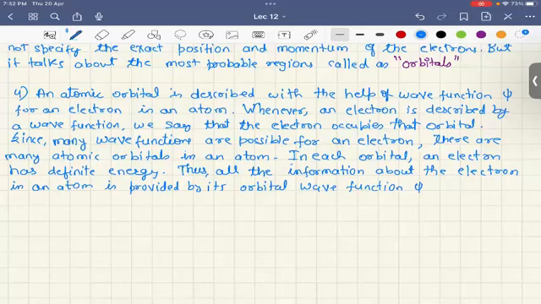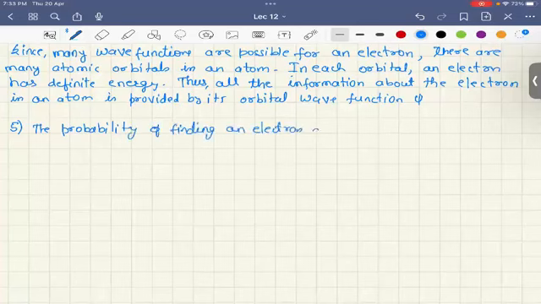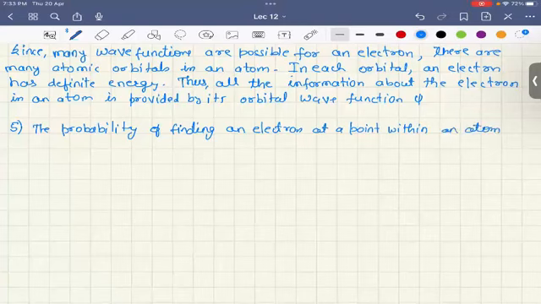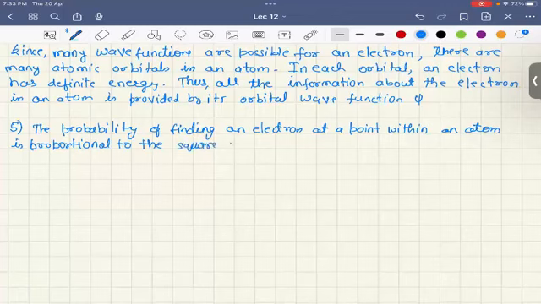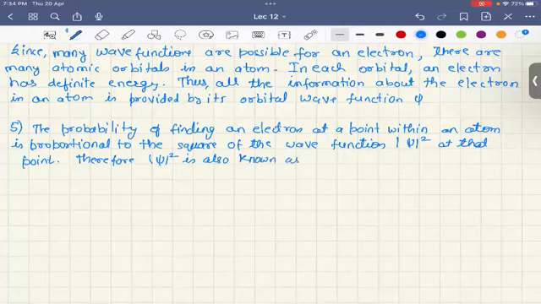Therefore, psi square is also known as probability density and is always positive.